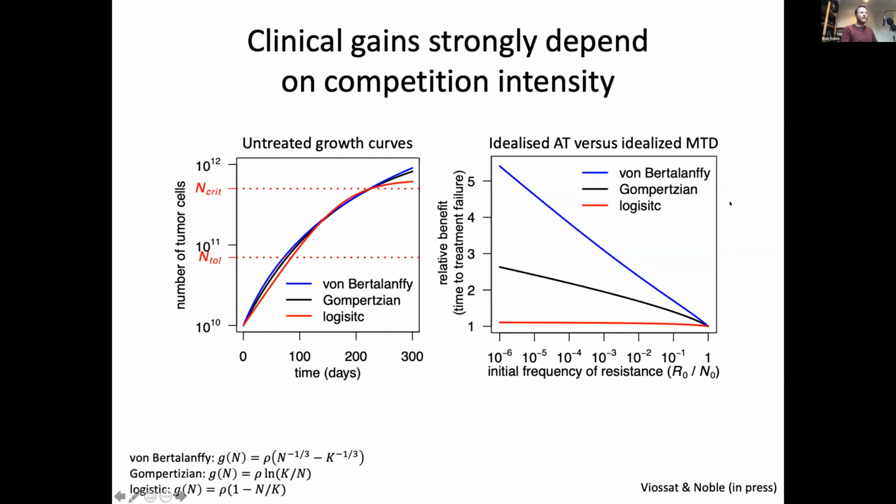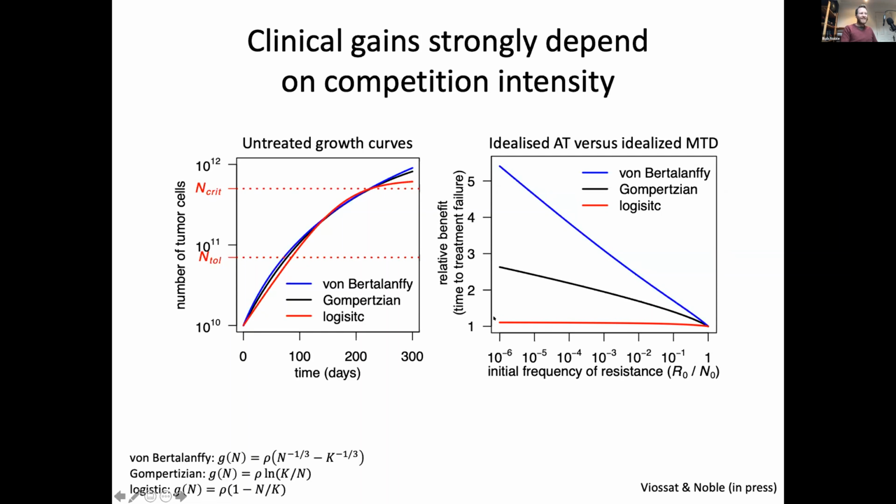But what you see on the right-hand side is that the relative benefit of adaptive therapy or containment versus idealized MTD, the maximum tolerated dose, very much depends on which function you're assuming. In the Gompertz case, we see a good benefit of containment versus MTD, even when resistance is relatively common.